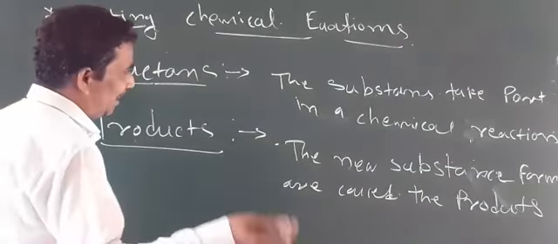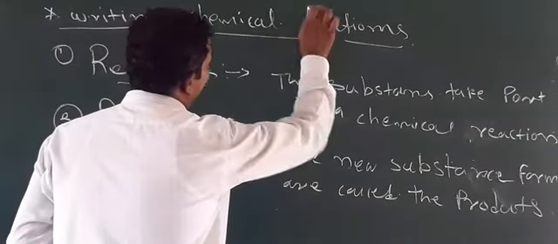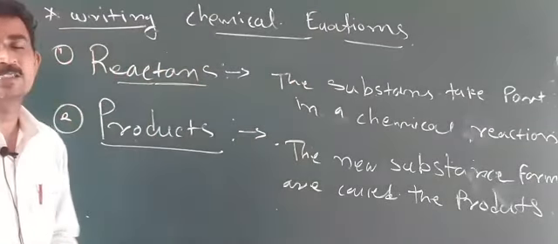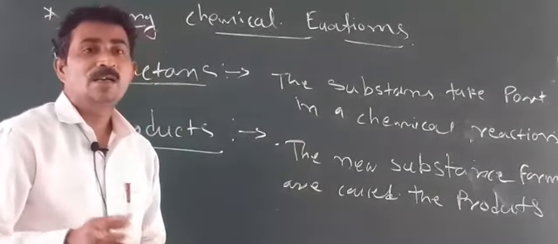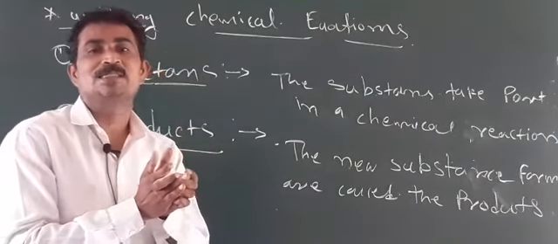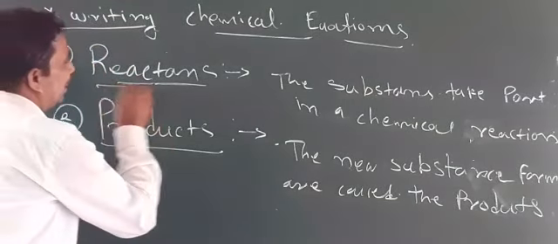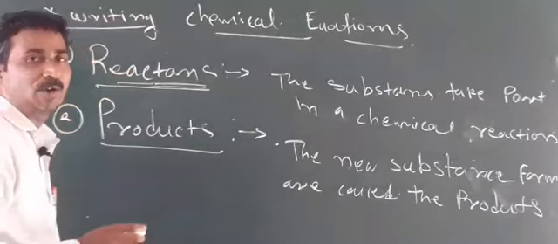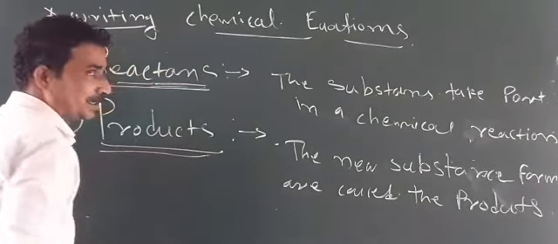Suppose we see one example now. First we want to know the purpose of a chemical reaction, what is important when writing a chemical equation. Two factors are very important. One we call reactants, another we call products.